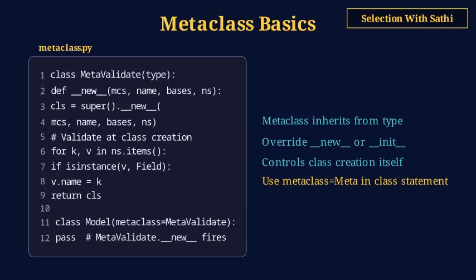You apply it with class MyClass, in parentheses, metaclass equals Meta. Once set, the metaclass is inherited by all subclasses. But use metaclasses as a last resort. They add significant complexity.